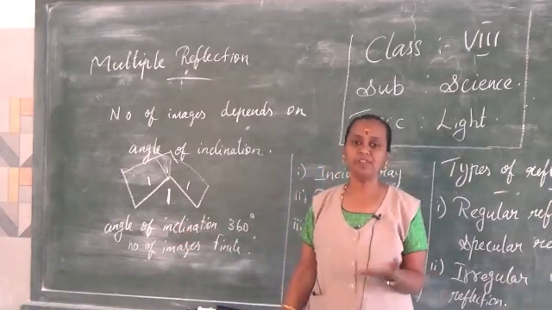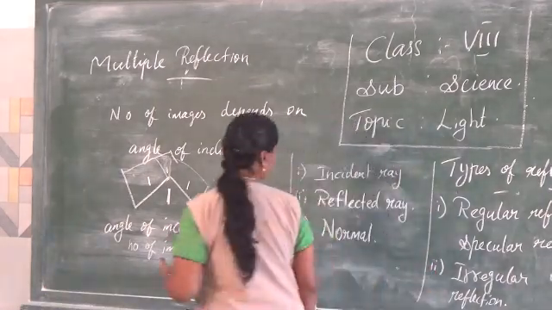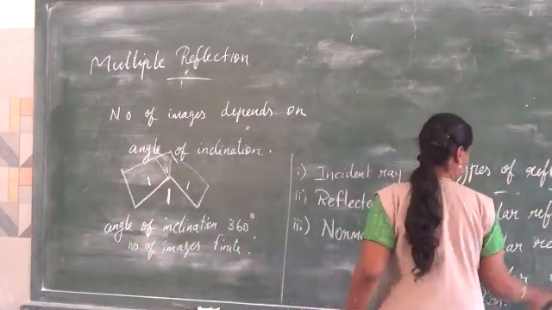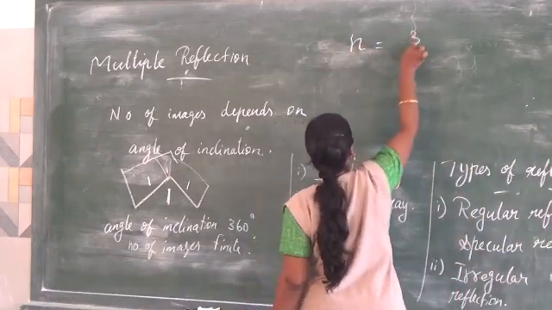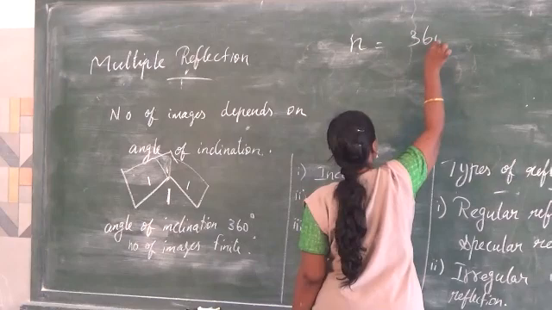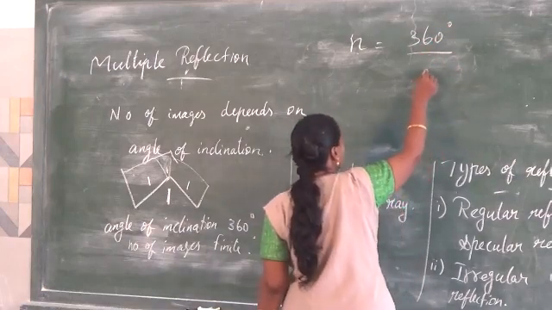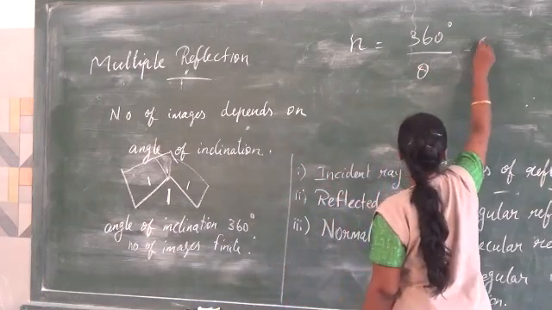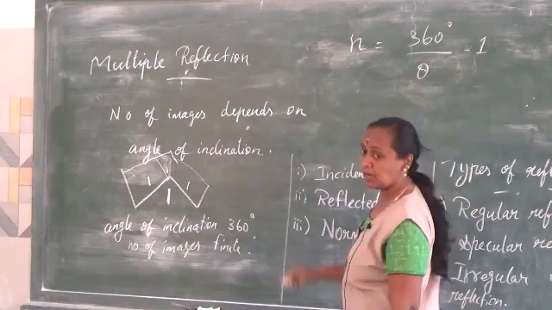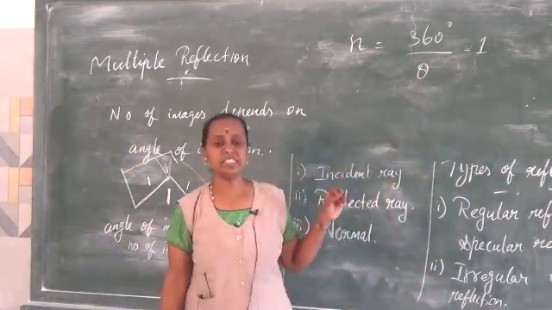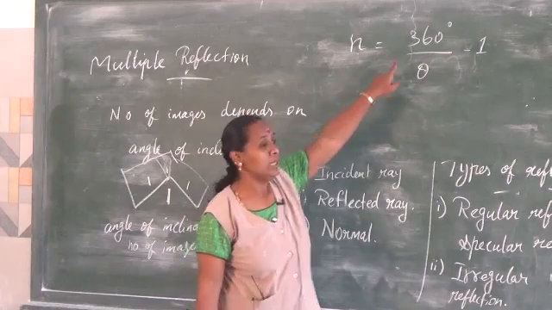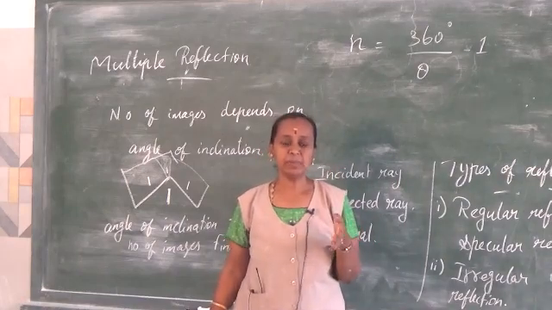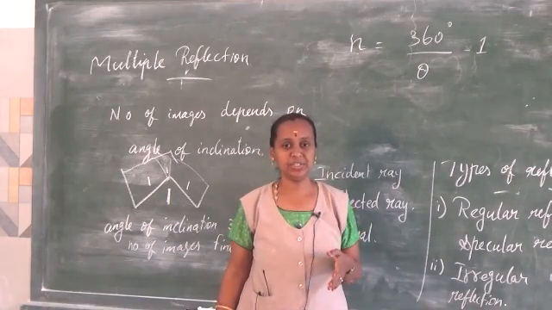We can calculate the number of images using the formula n equals 360 degrees divided by theta, minus 1, where n is the number of images and theta is the angle. So this is the formula to find the number of images. Let the angle of inclination be theta, then the number of images is 360 by theta minus 1.